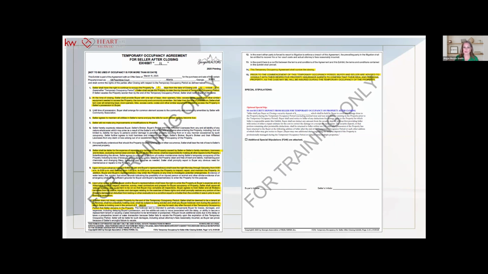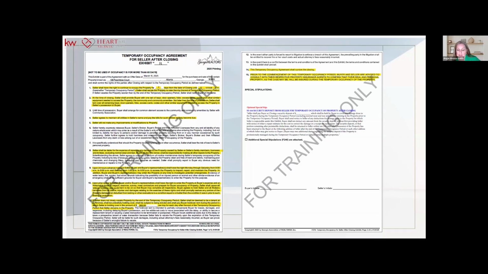I think it's important that we prepare our clients and understand that if a human being's got all that money and equity tied up in that house, they need to be gosh darn sure that it's going to close. And they need to also have that money so that they have a place to move and the ability to financially afford the next place to move. So I am a big believer in this temporary occupancy agreement.